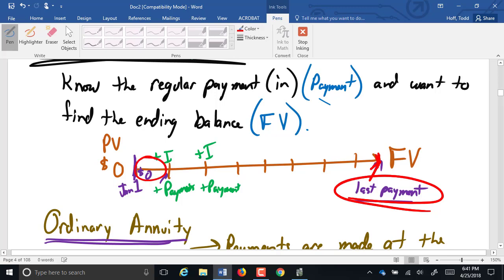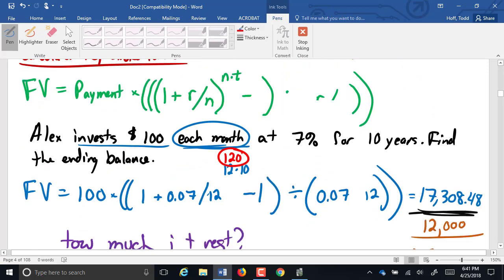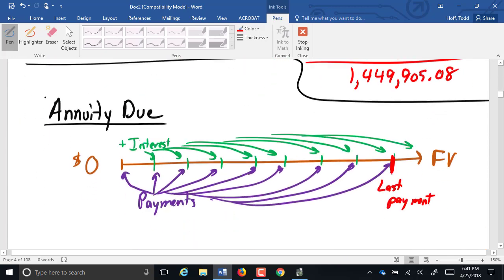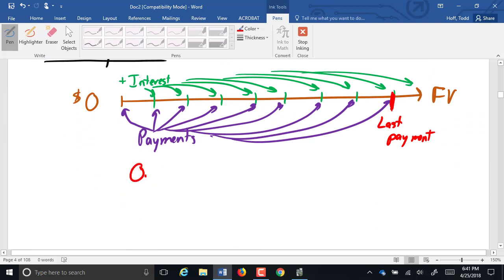So what's happening to that annuity due, if we were to line these up together, the annuity due is really starting right here at the end of the first period and then going one extra period beyond this. Does that make sense? So the big difference in the annuity due is there's one period more interest.